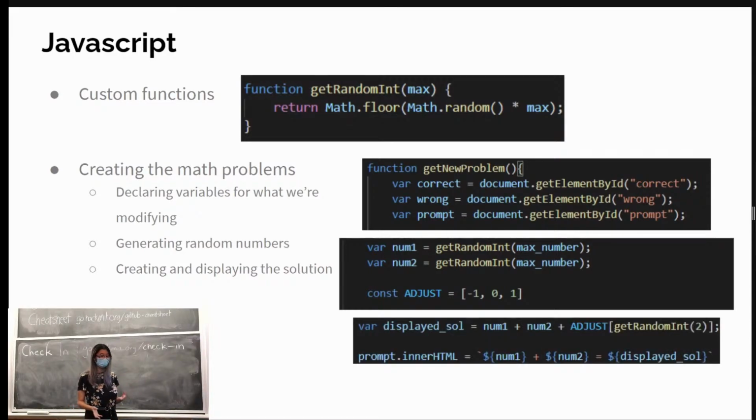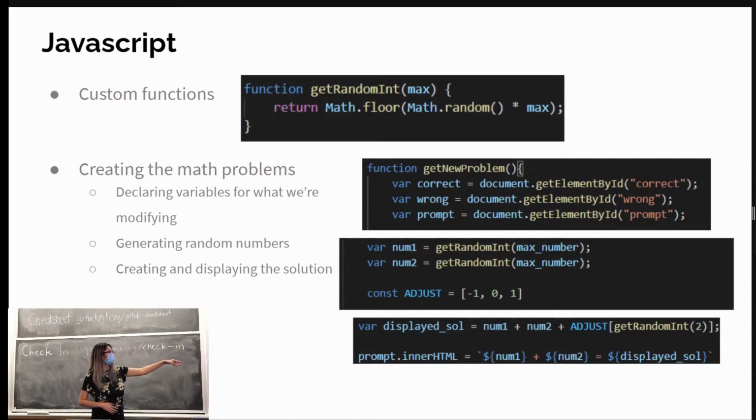And then finally, creating and displaying the solution. The display solution adds the two numbers and also adjusts it to make it random whether it's actually a correct or incorrect prompt, and then we put that whole thing inside the prompt.